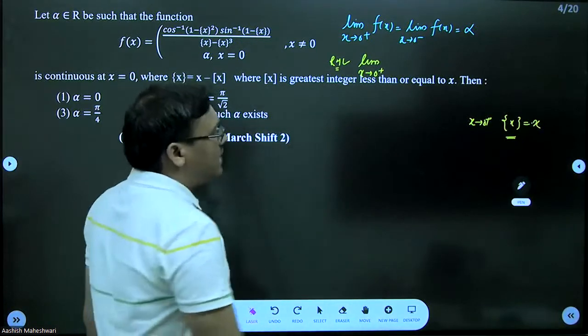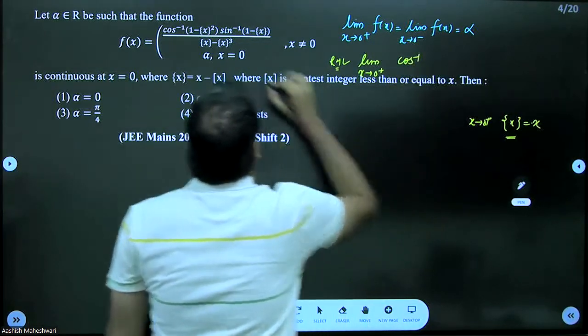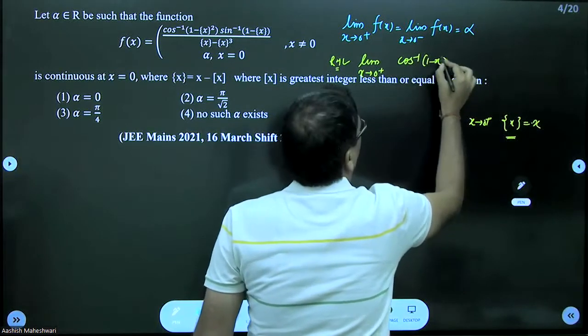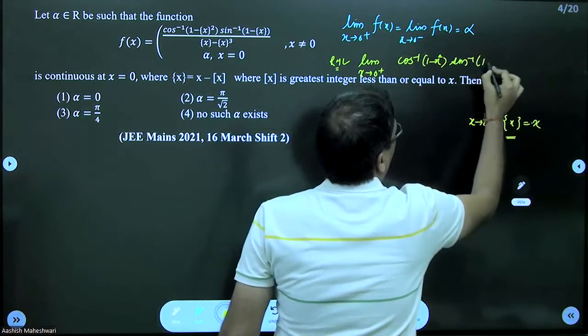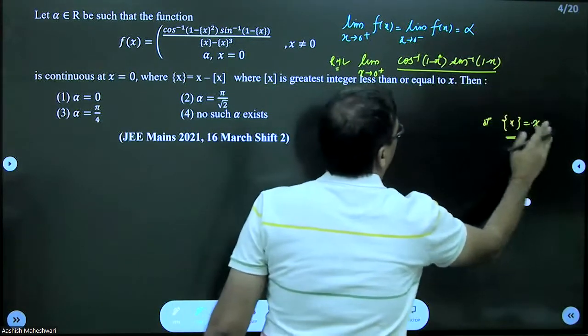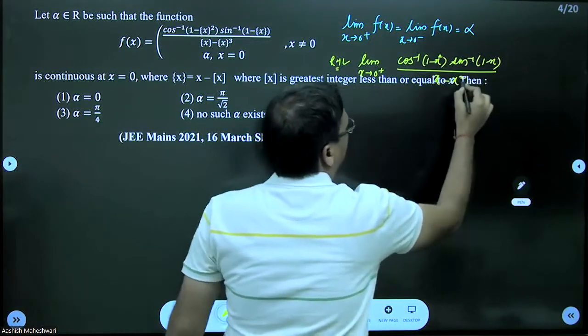Correct? So can we say this function will become cos inverse of 1 minus x square, and sin inverse of 1 minus x, divided by x minus x square, x cube.